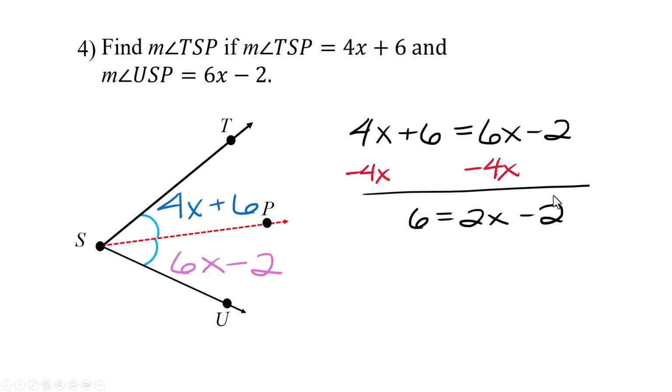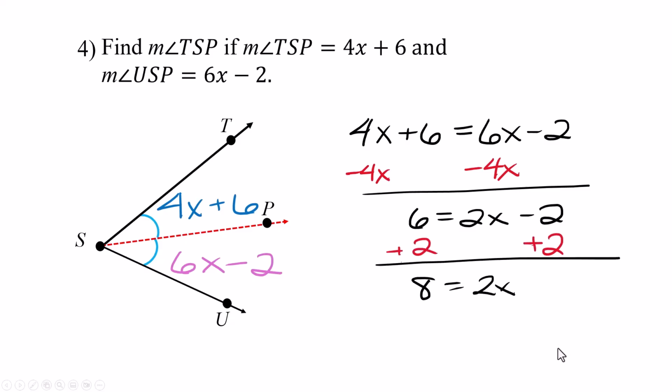I'm going to add the 2, so I have numbers on one side and the 2x by itself on the other side. Now we're going to divide both sides by 2 to isolate that x, and we get x equals 4. If you stop here, you're going to get a wrong answer. 4 is not the answer, but it's not wrong. We're just supposed to plug in and find out what TSP is.